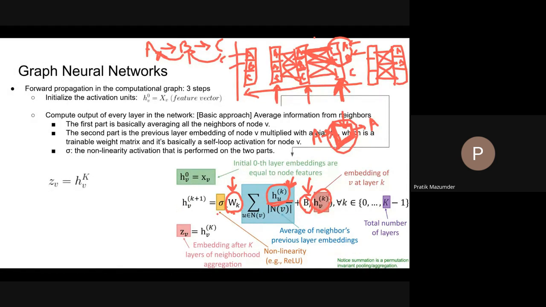Then you apply some non-linearity, like a ReLU function, to get the updated value at that layer based on all your neighborhood information and previous embedding. You do this for every node and every layer, and at the end, the updated representation for each node is your final representation, on top of which you can apply some classification to get your output task.